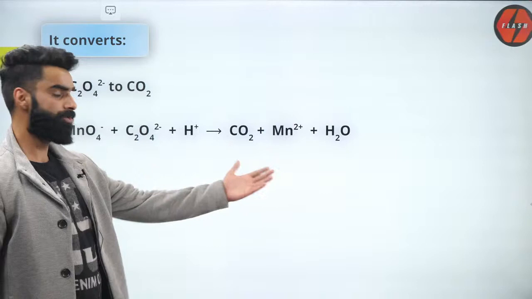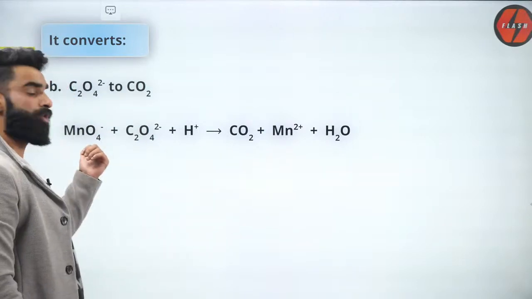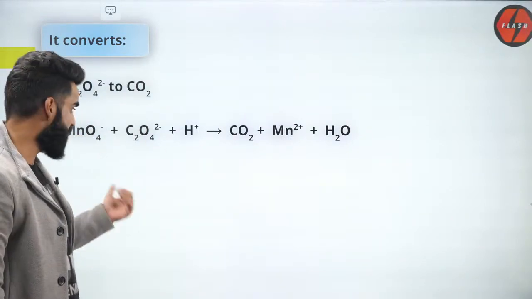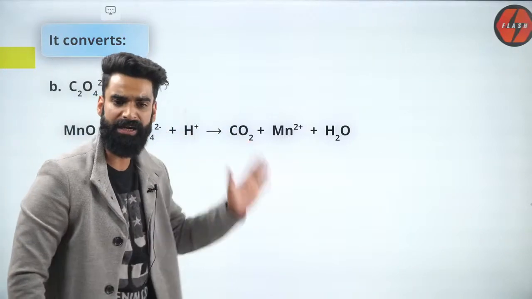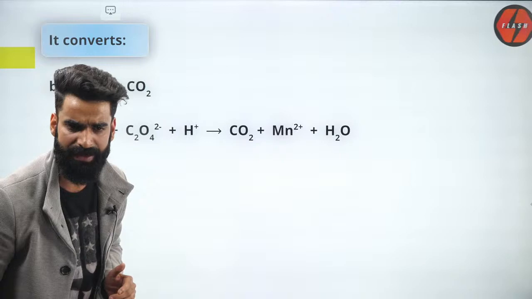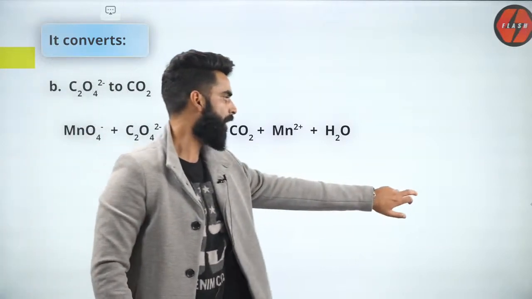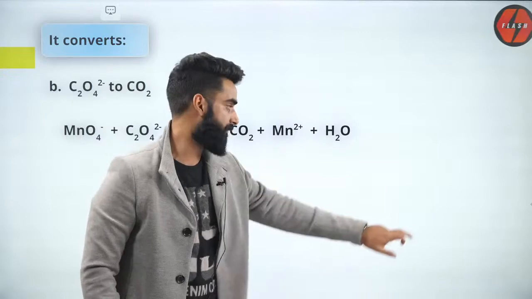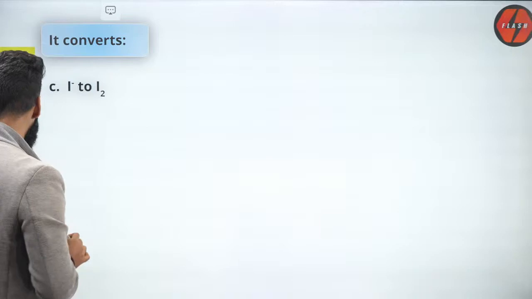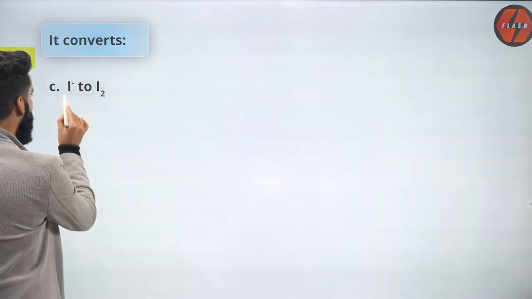The same reaction which I showed you: MnO4 negative, which is a strong oxidizing agent, converts oxalate ion in acidic medium to carbon dioxide. Very simple. Now the same MnO4 negative, the same KMnO4, converts I negative to I2.